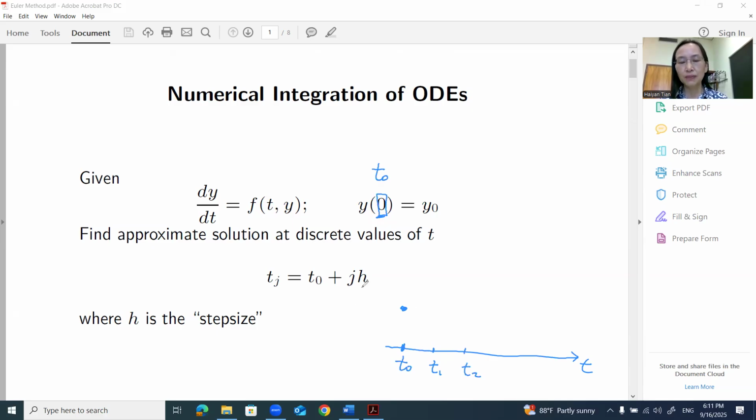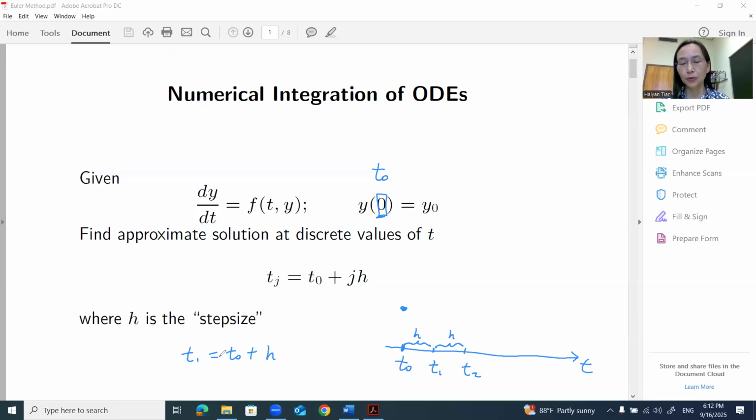So t1, t2, they're equally spaced. So we assume the step size is h. So increase by h. That means t1 is t0 plus h, right?